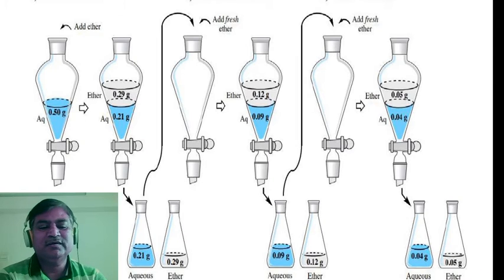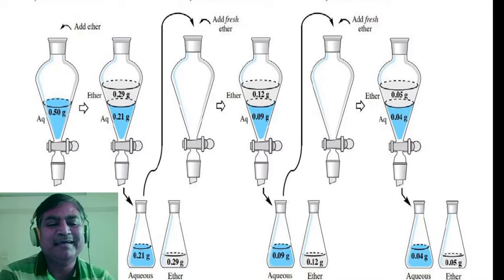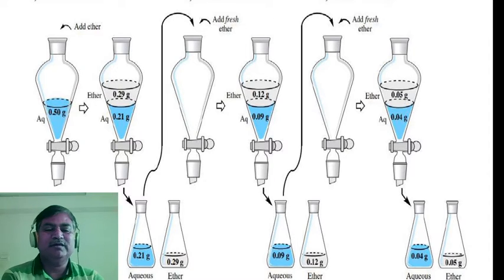Again fresh ether is added and the third extraction is carried out, so that 0.05 gram goes into the ether, and now only 0.04 gram of solute remains in the aqueous phase. In the last beaker, only 0.04 gram of solute remained in the aqueous phase, and the rest went into the ether organic phase.